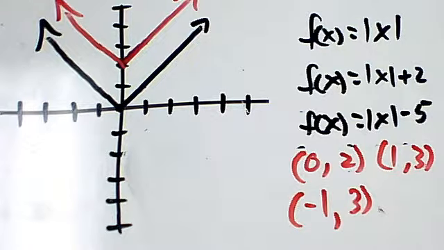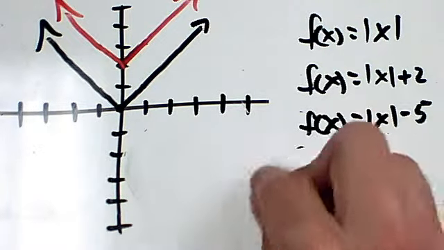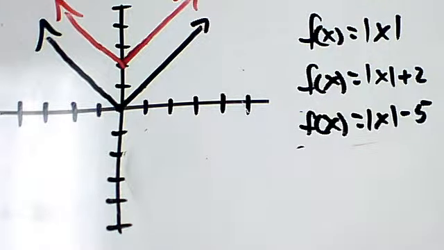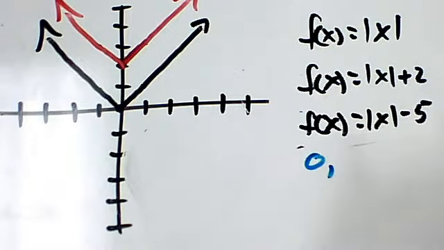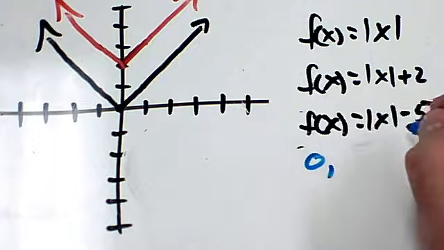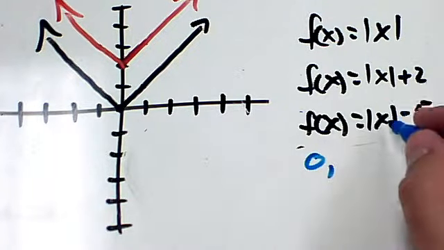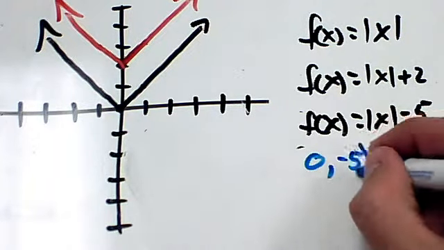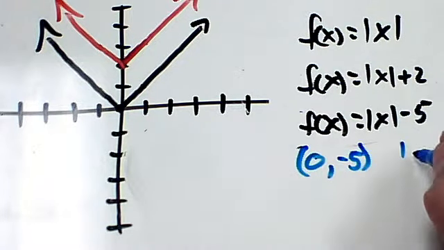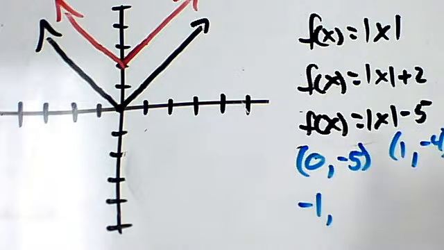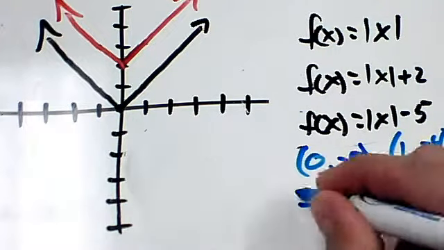Okay, let's try the next one. F of x is equal to absolute value of x minus 5. So again, assigning values. When x is 0, then we're going to have 0 minus 5, which is just negative 5. When x is 1, absolute value of 1 is 1, minus 5 is negative 4. Negative 1, absolute value of negative 1 is 1, minus 5, again, is negative 4.